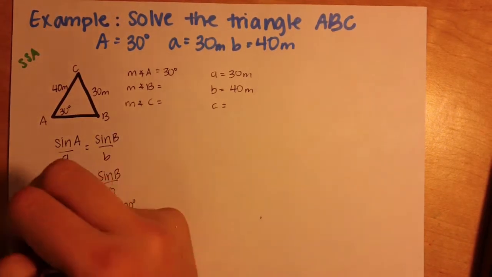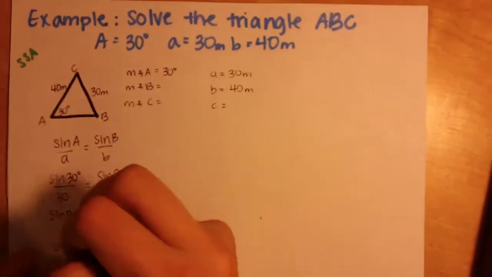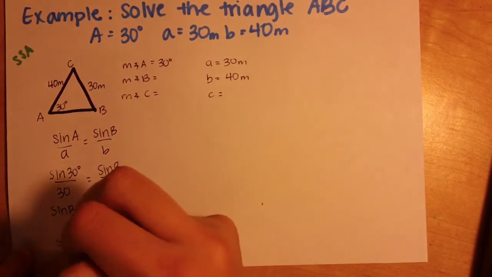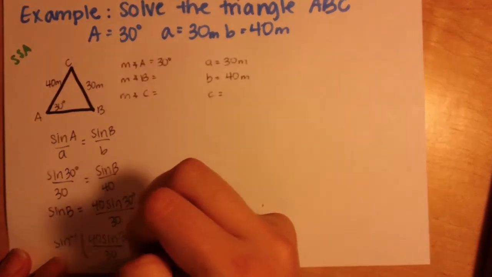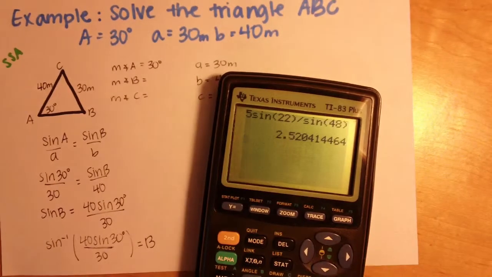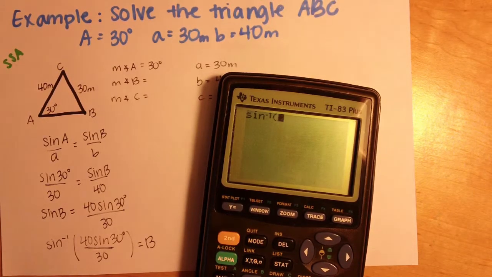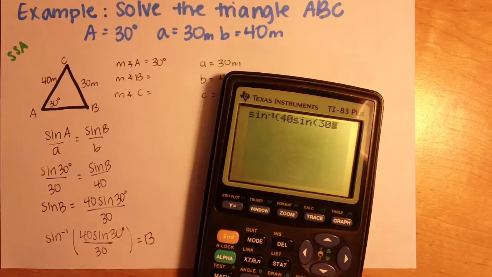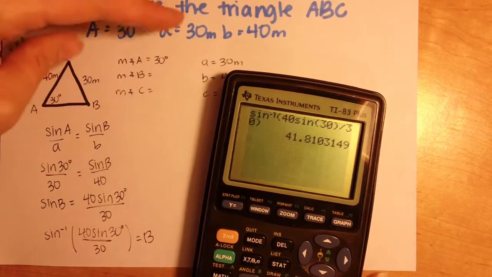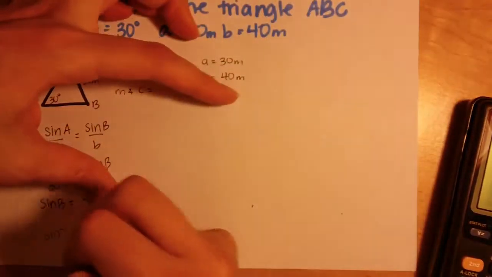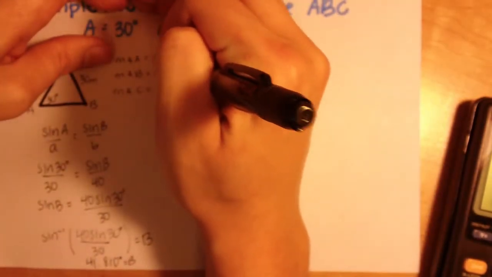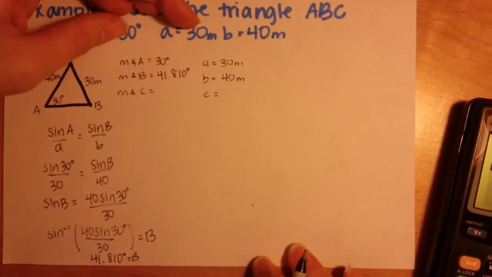Now here we're going to use inverse sine of this value, 40 sine 30 degrees all over 30, and that's going to equal our B. So when we put this in the calculator, we do inverse sine of 40 sine of 30 divided by 30, and we'll get B as 41.810 degrees. So now we can solve for our angle C.